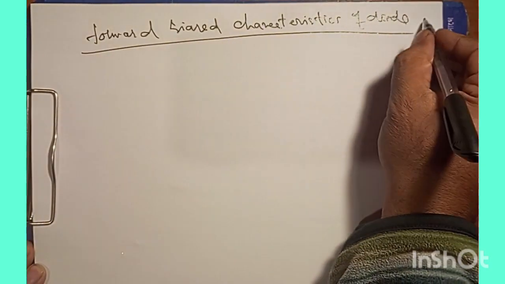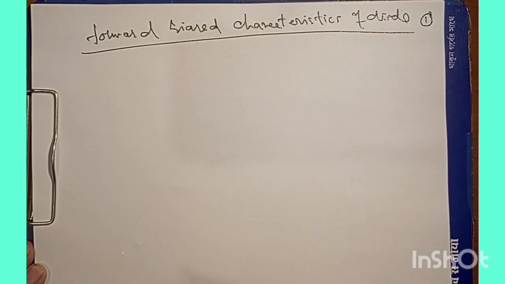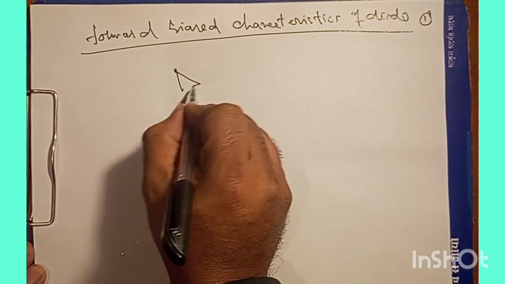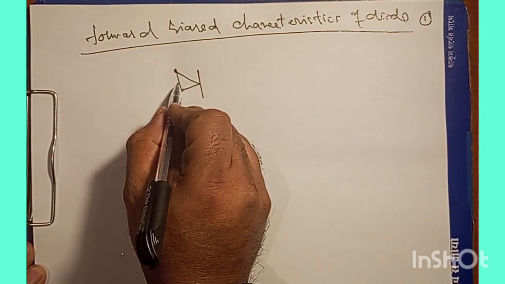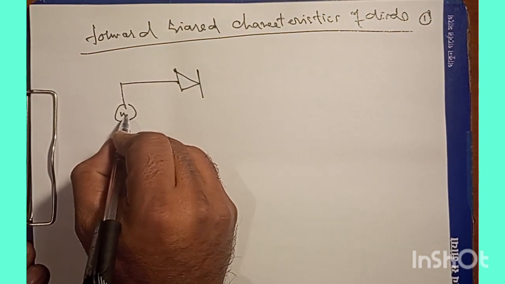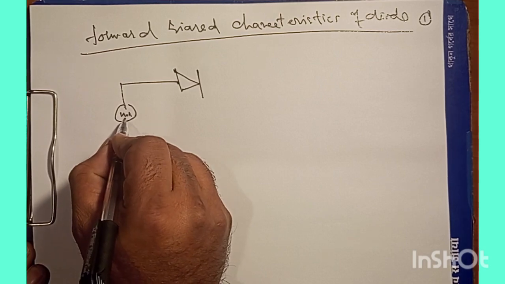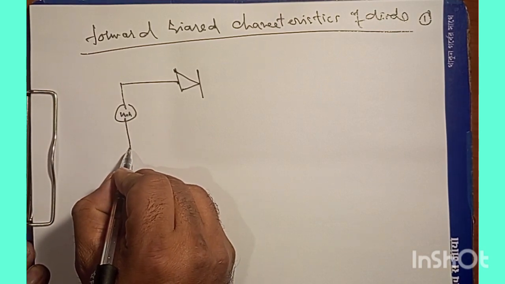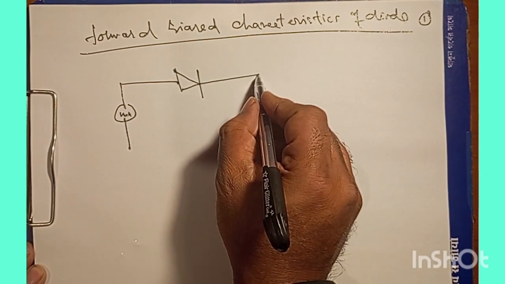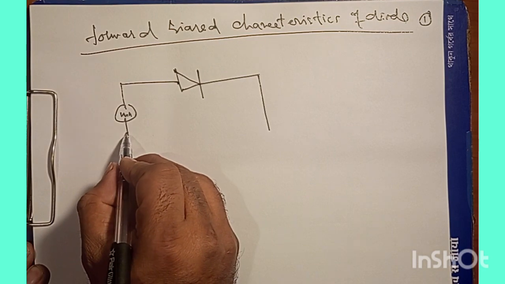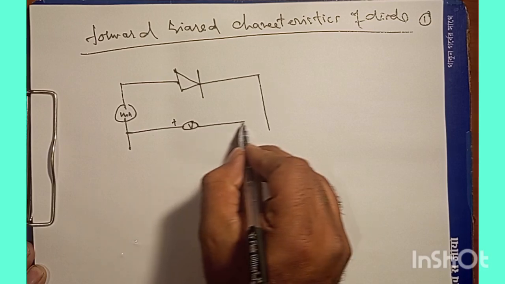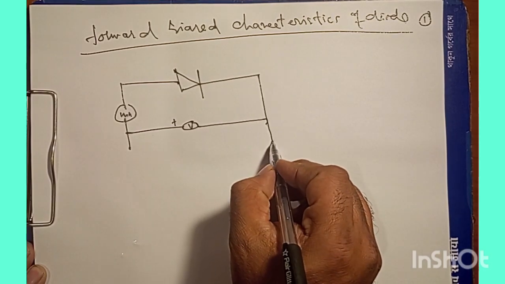So now we understand what the forward characteristics are. We have a PN junction, and let us have a milliammeter here, and let's have a voltmeter that will measure the voltage.